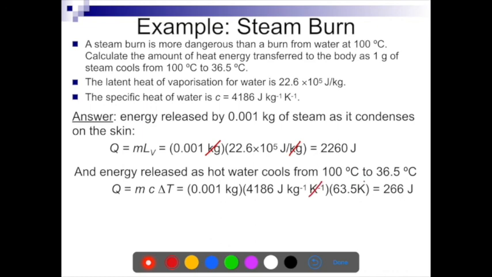And so if we analyze the units, the unit for temperature will cancel out, and also the unit for mass will cancel out. So we are left with the unit of joule, which is the unit for heat Q. Plugging in the numbers in your calculator, you will find the amount of heat released as hot water cools down on the skin is equal to 266 joules.